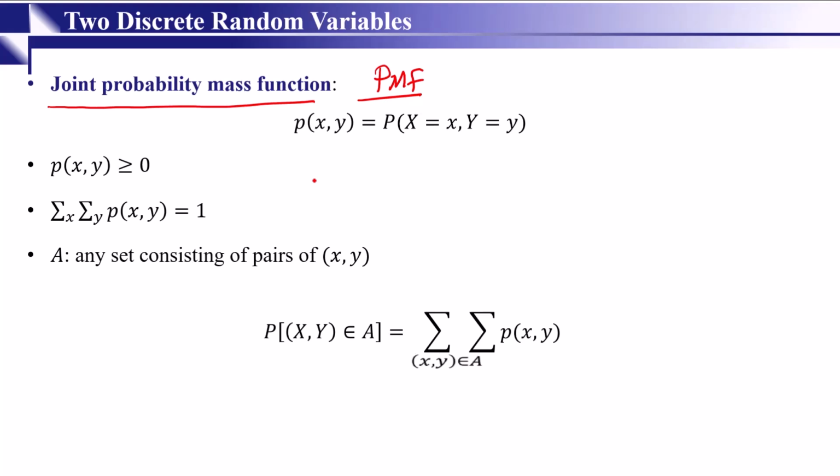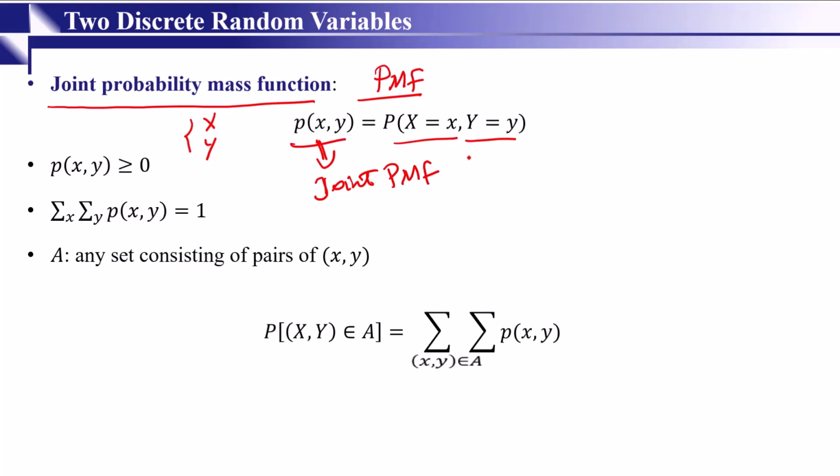For example, for the random variables X and Y, the joint PMF, which we write as P_XY, gives the probability that X is equal to x and Y is equal to y at the same time, simultaneously.